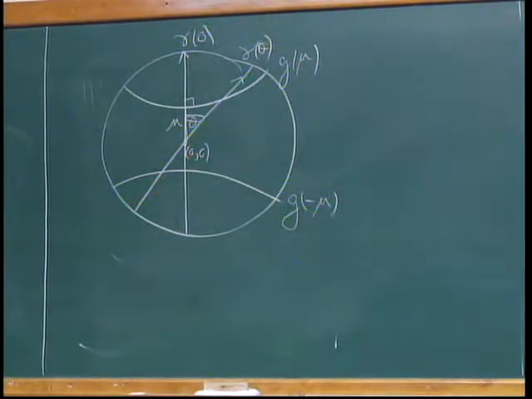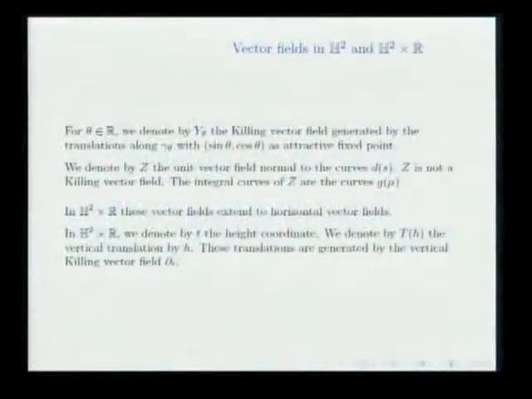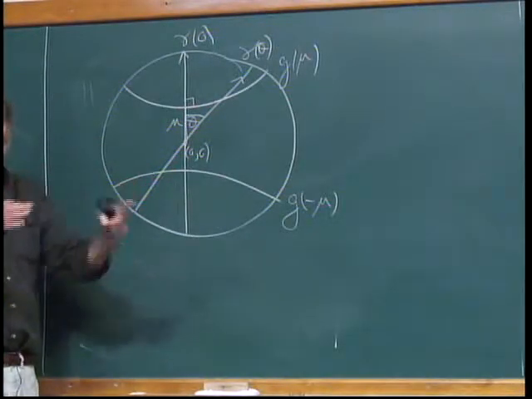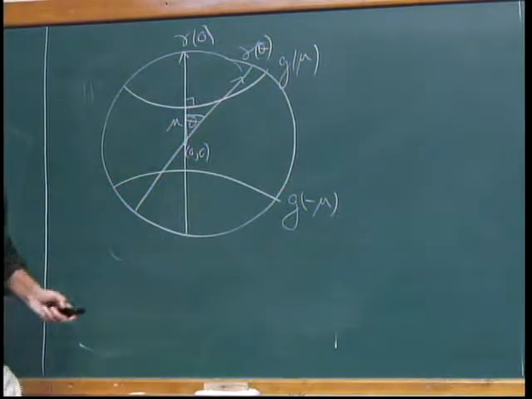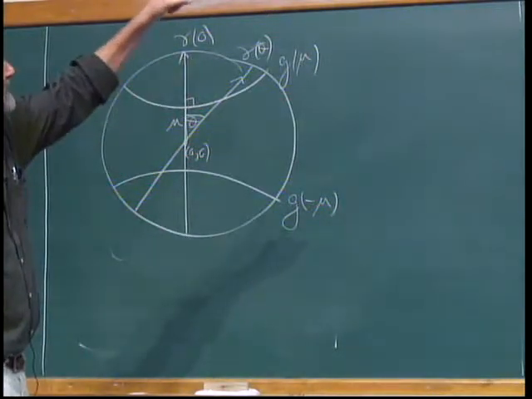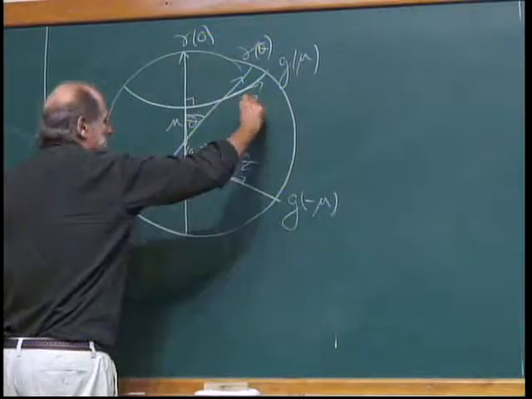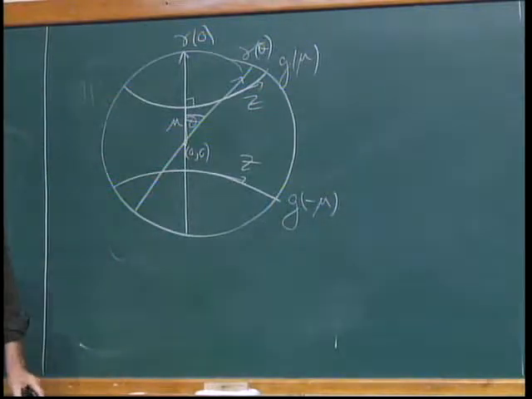Okay? So we have Y theta, which is a Killing vector field, which is translation along gamma theta. For any of these geodesics, you have hyperbolic translation along that geodesic. That's a Killing field. I have Z, this vector field orthogonal to this, gamma 0. That's not a Killing field.